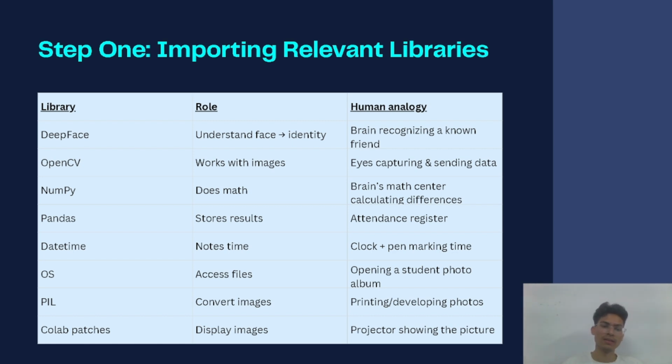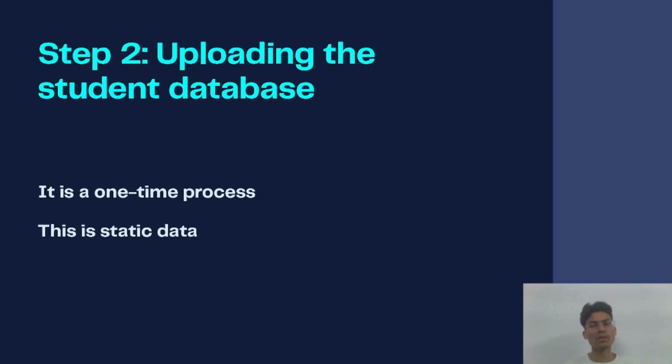NumPy does the math, and Pandas stores the result as a data frame. The datetime library simply notes the time, because the date and time of attendance is also important. We use OS to access files in Google Colab, and for the conversion and display of images we use PIL. We also use some Colab patches to display images in Google Colab, which is the runtime environment I am using.